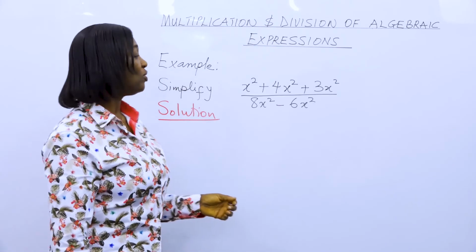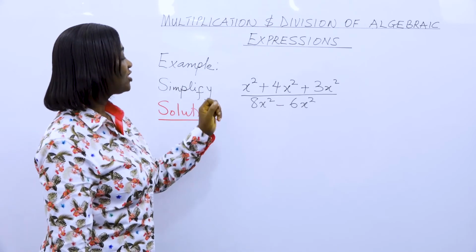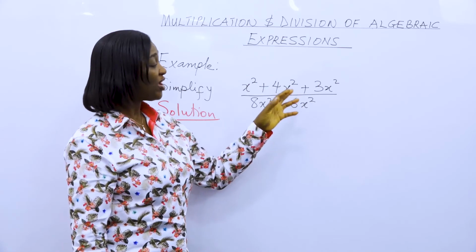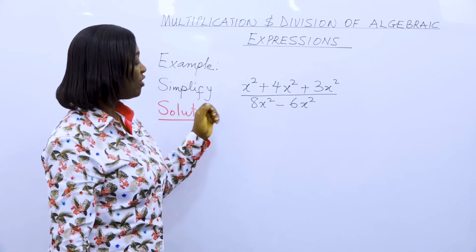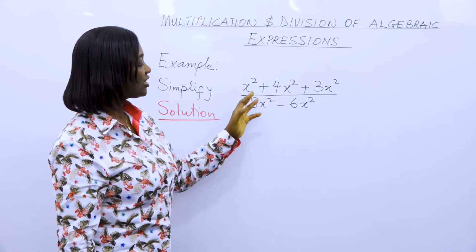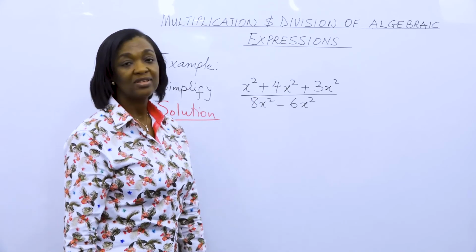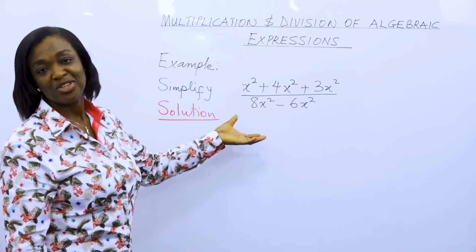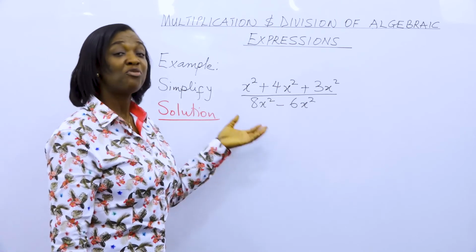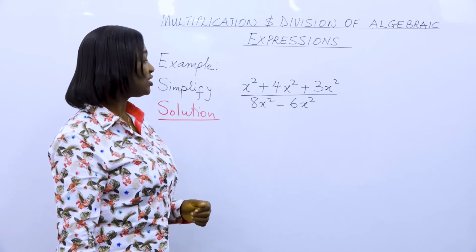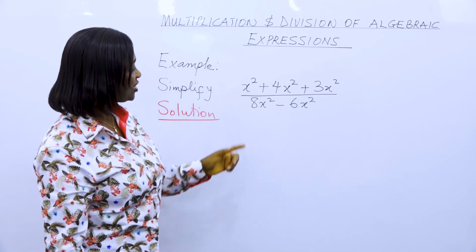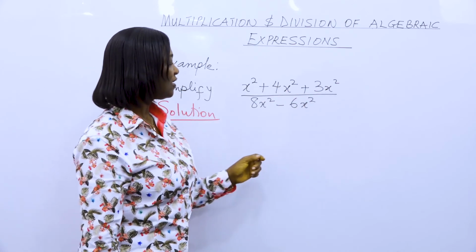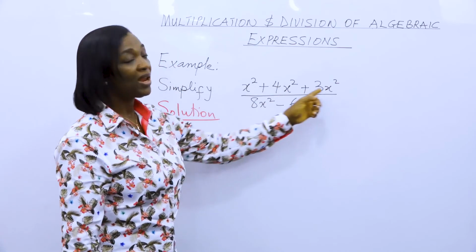In this example, we want to simplify x squared plus 4x squared plus 3x squared over 8x squared minus 6x squared. Looking at it, you will think it's difficult, but in the real sense of it, it is not. That's because on top, on the numerator, all of them are like terms.